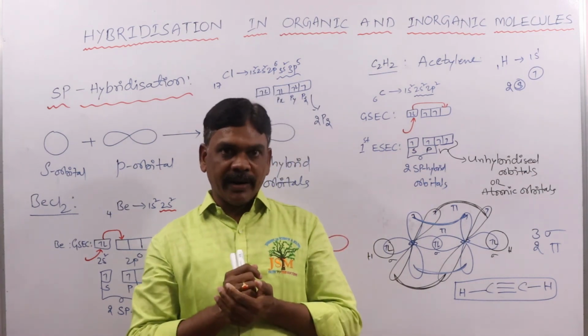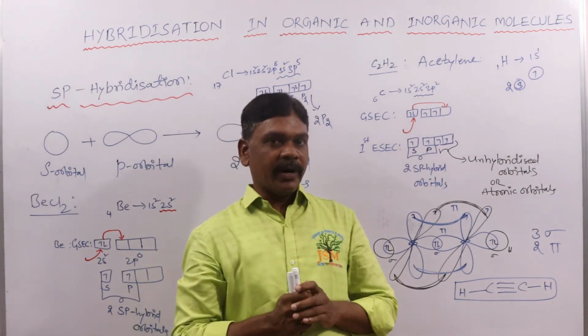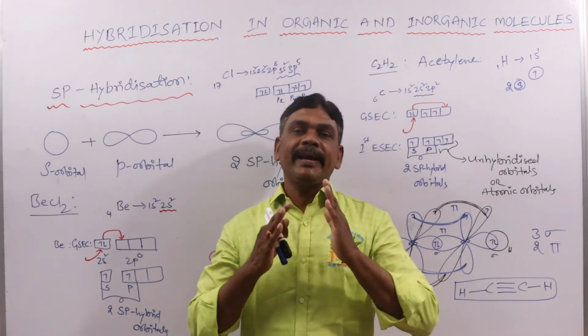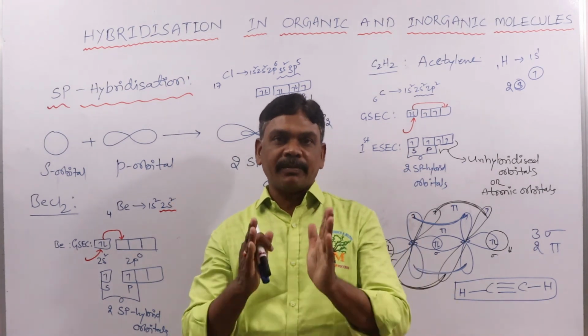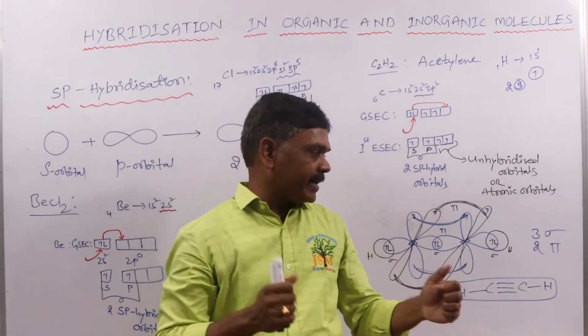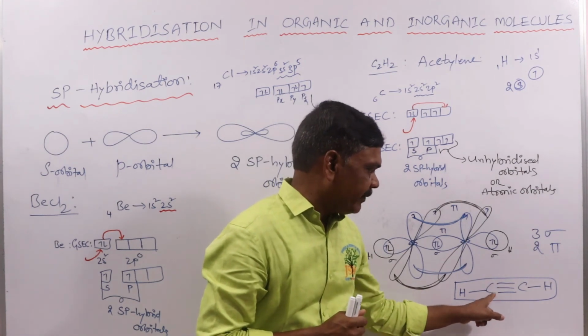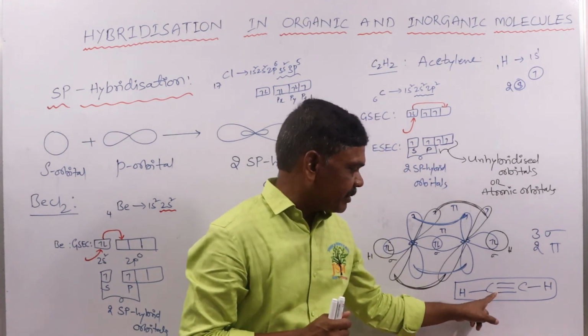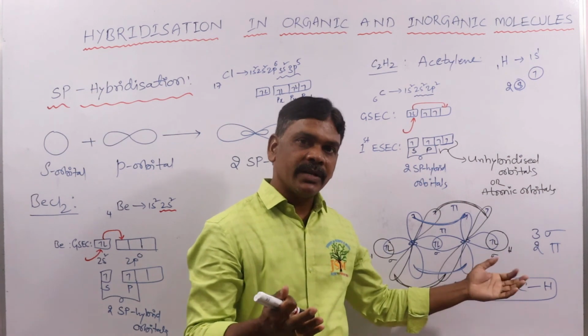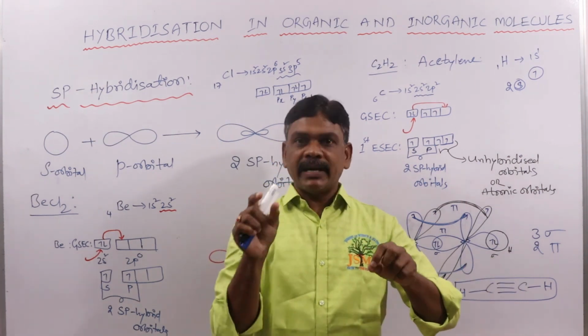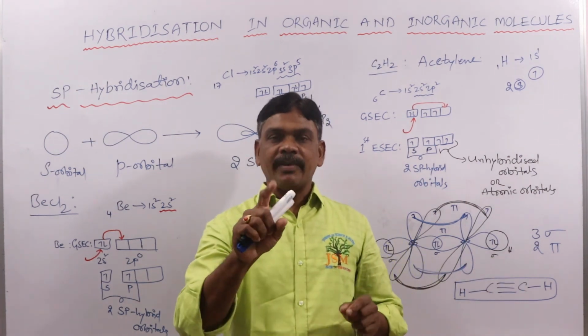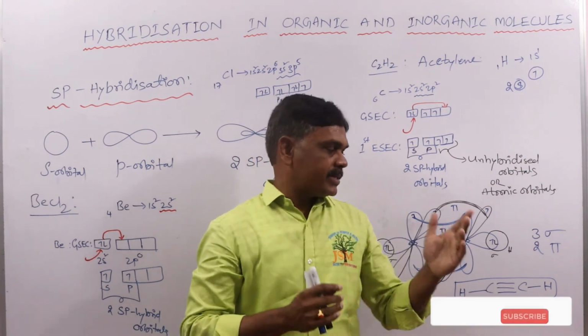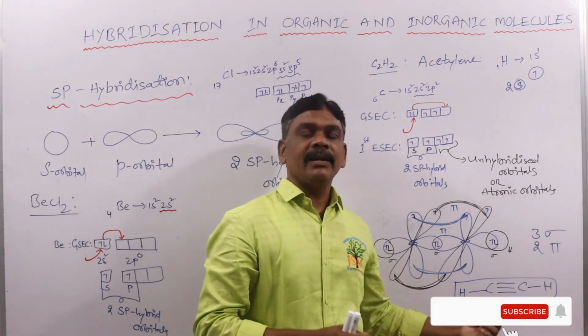In a multiple bond, one should be sigma, remaining all are pi. Say for example, this is a triple bond between two carbon atoms. One is sigma, remaining two are pi bonds. For example, between two carbon atoms, double bond is there. So one sigma and one pi. So this is the formation of acetylene molecule.